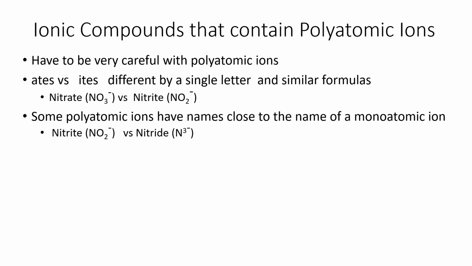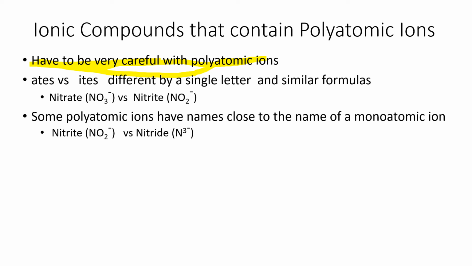We have to be very, very careful with these polyatomic ions. So I know I've stressed it a lot already, but you need to take your time to memorize them very, very well. The reason why you have to be very, very careful with these is small, subtle differences mean big changes.